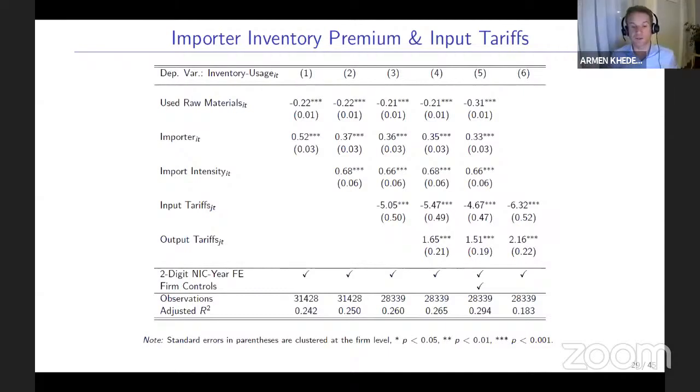Right. Yeah. So this is what I was saying, that in this sample there are generally big firms only. So you could think that even though these big firms are not buying foreign goods directly, they might be buying them indirectly.